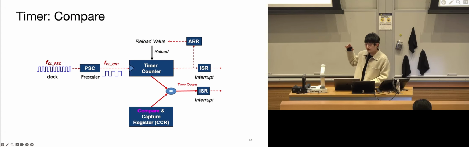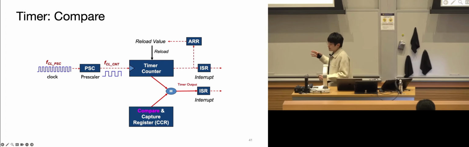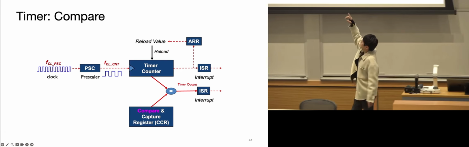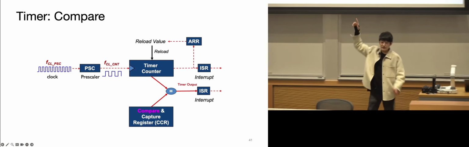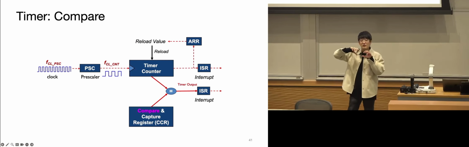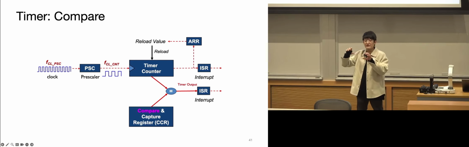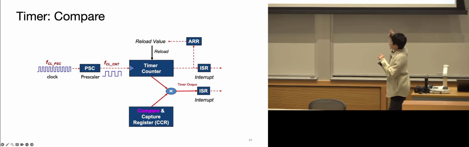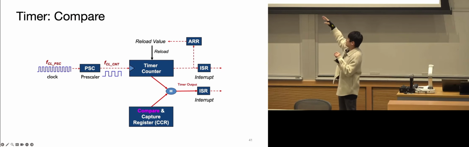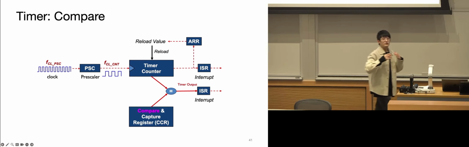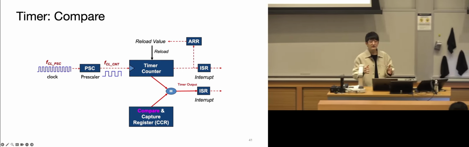So you can think the ARR and the frequency of the clock that goes into the timer counter together determine the period of the generated signal from this configuration, and the value stored in the capture and compare register in the compare mode determines the duty cycle of the signal.